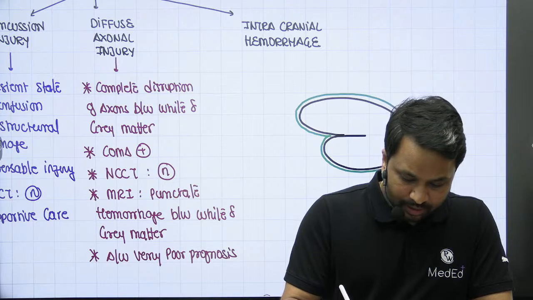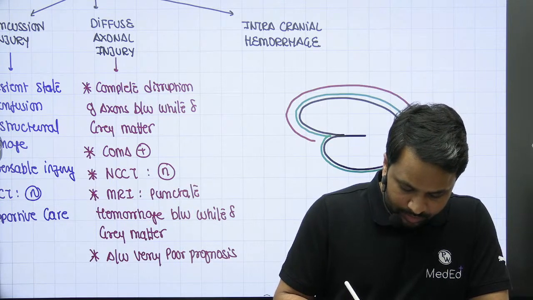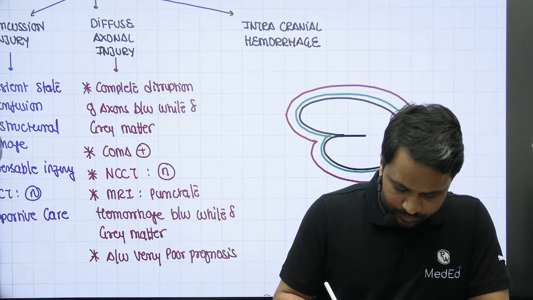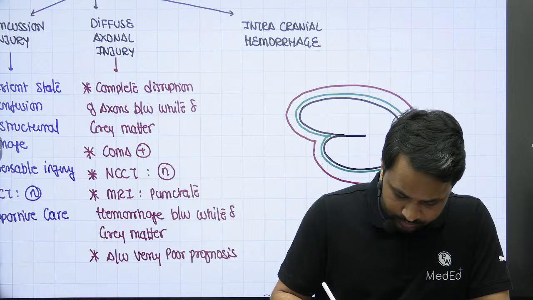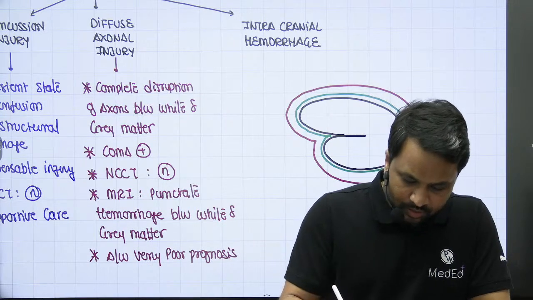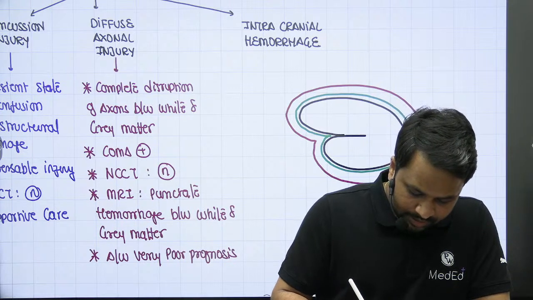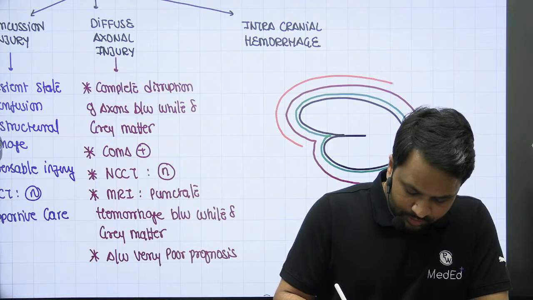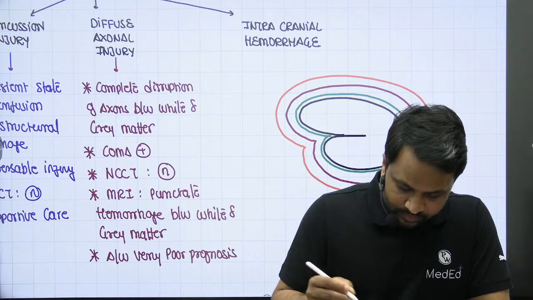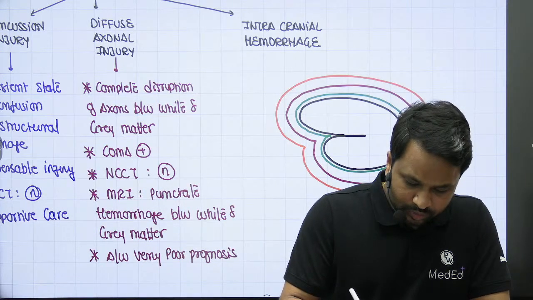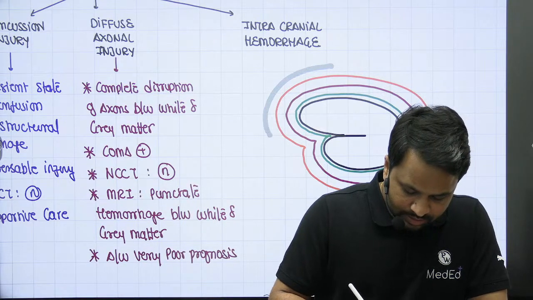After the pia mater, you have the arachnoid membrane. Surrounding the arachnoid membrane, you have the dura, which is the outermost membrane layer. And then surrounding the dura, you have the skull bone.